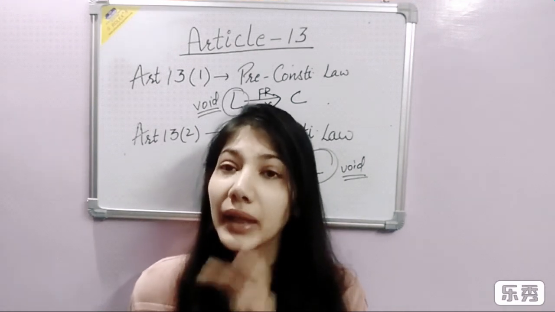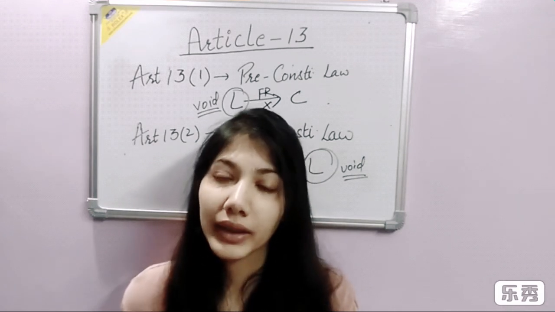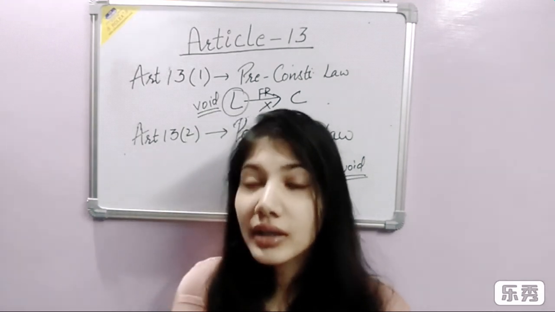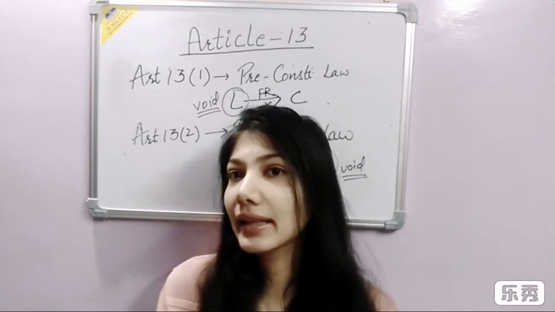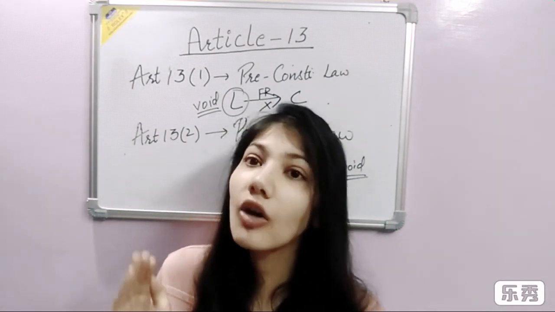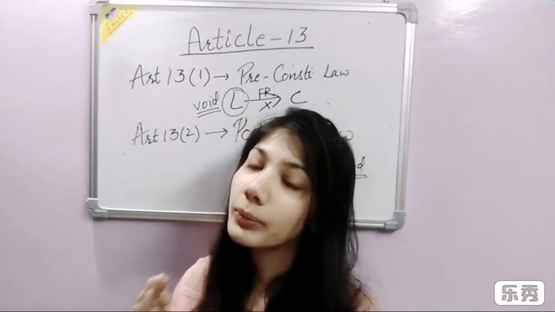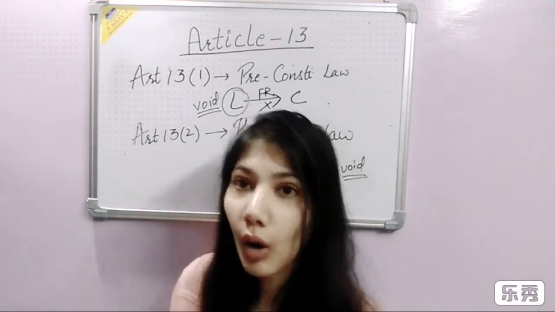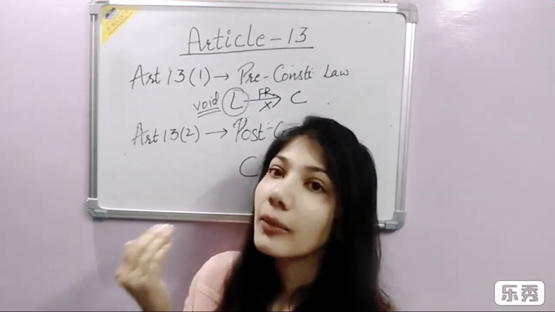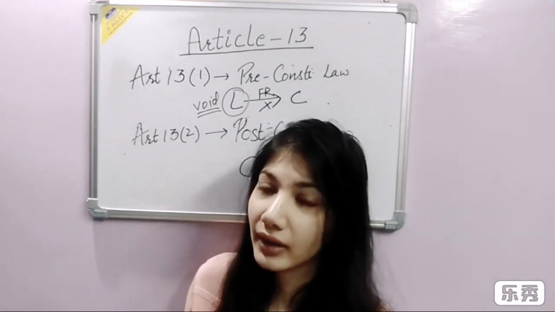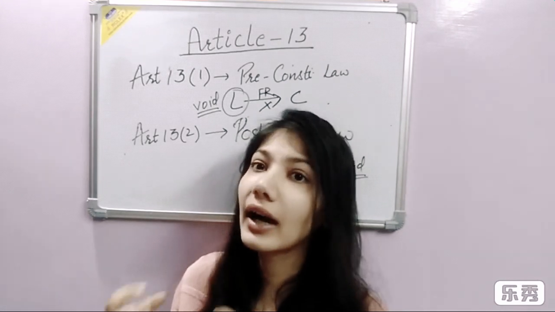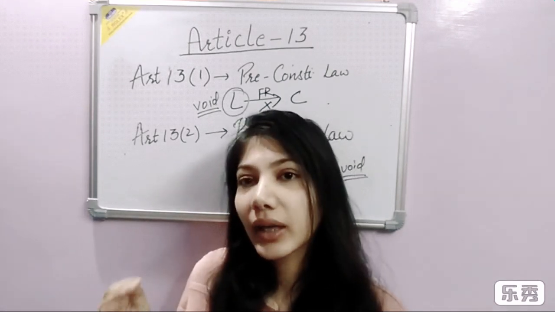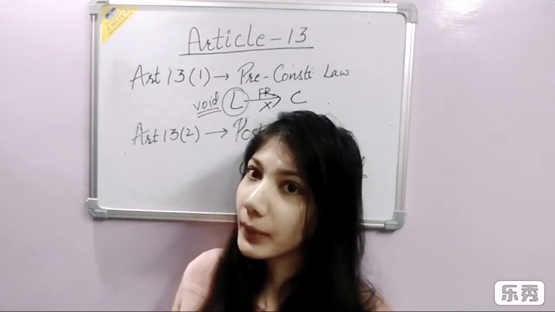This was held in Bhikaji Narain versus State of Madhya Pradesh. So the first time the doctrine of eclipse was evolved in this case, Bhikaji Narain versus State of Madhya Pradesh, in which the Supreme Court held that if the law is eclipsed because of the violation of the fundamental rights, the moment there is such an amendment in the constitution regarding that law, it will become enforceable and operative.